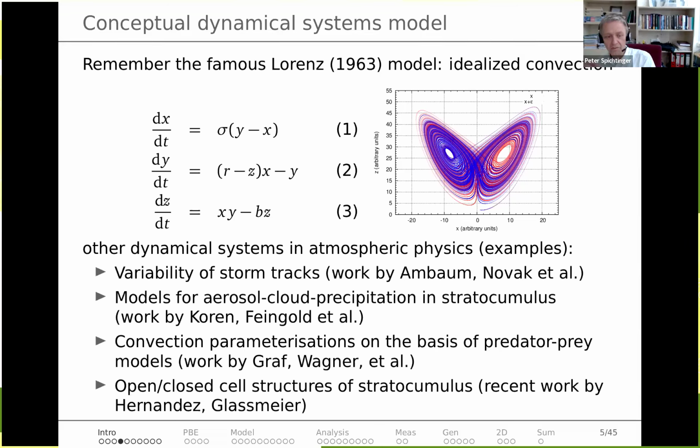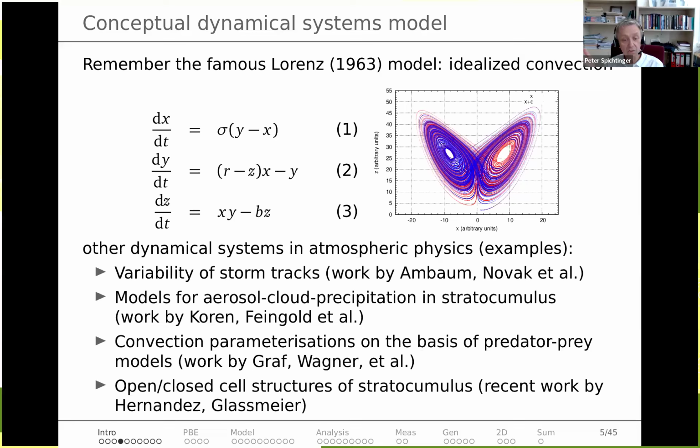There are many other dynamical systems or minimal models in atmospheric physics. These are just examples I list; this list is not exhaustive at all. For instance, there's a nice model about the variability of storm tracks, where Ambaum and Novak did some work. There are lots of models for aerosol-cloud-precipitation interactions in stratocumulus clouds, work by Koren and Feingold and others.